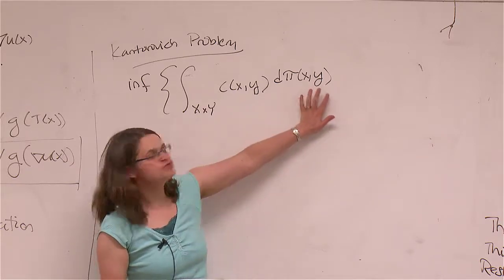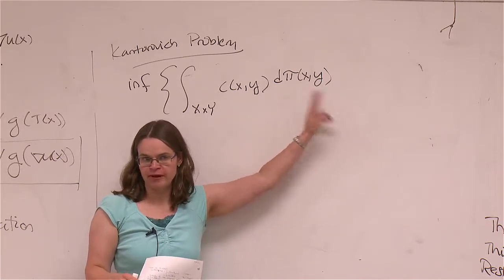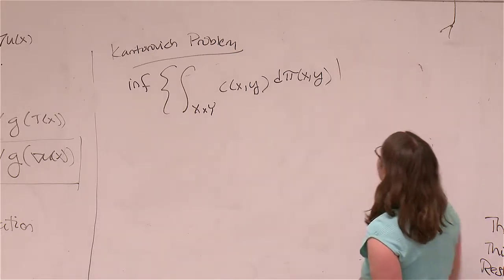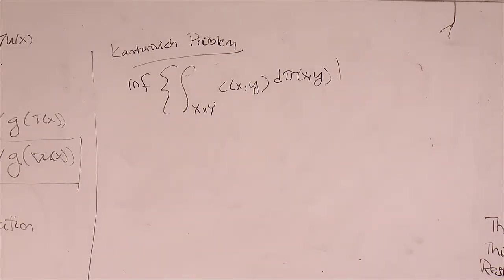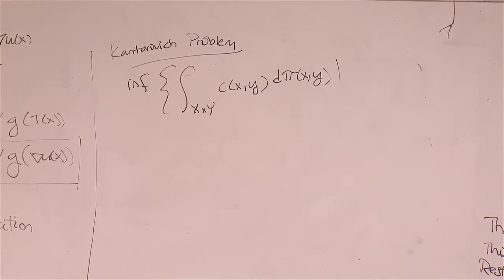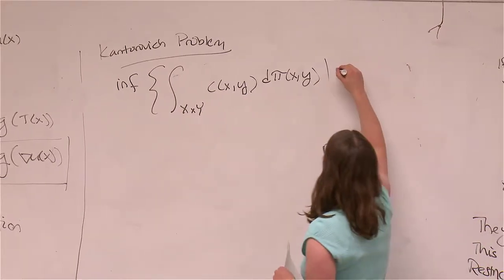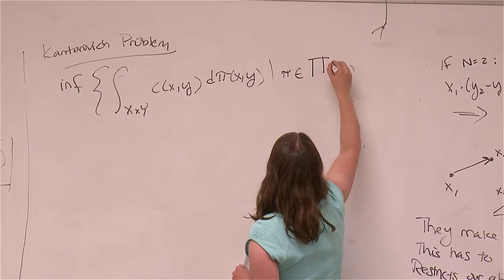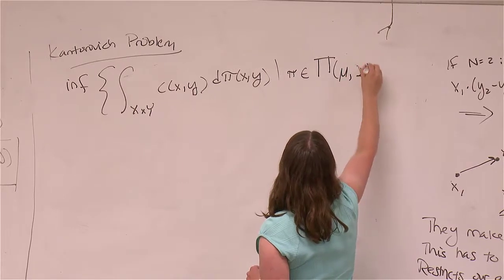This measure was the measure that told us how much stuff moves from x to y. And we don't just want any old measures here. Again, we have some sort of constraint, since we're trying to preserve measures. So we want this pi to live in the set that we called capital Pi of mu and nu.